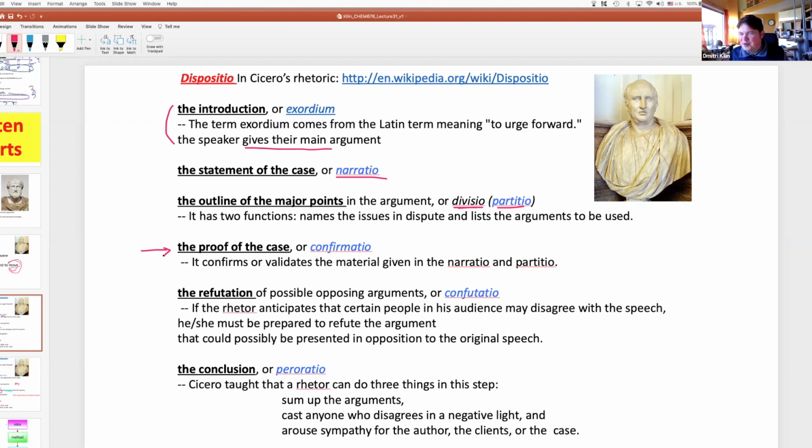Or if it is a speech of a prosecutor, then it is evidence that the criminal is guilty. So some objective information that supports your main idea. If you're doing science, then it is your figures and tables, right? Objective information, and the little text that goes over your figures and summarizes them.